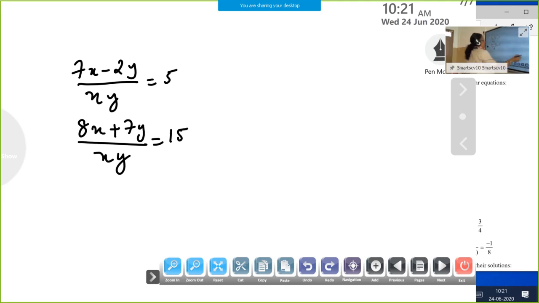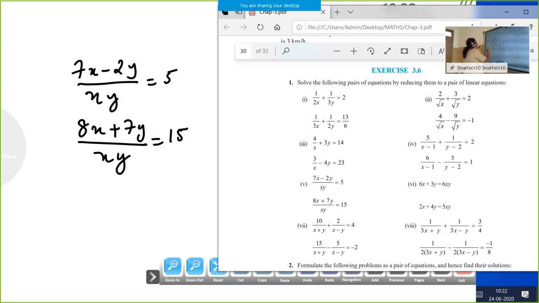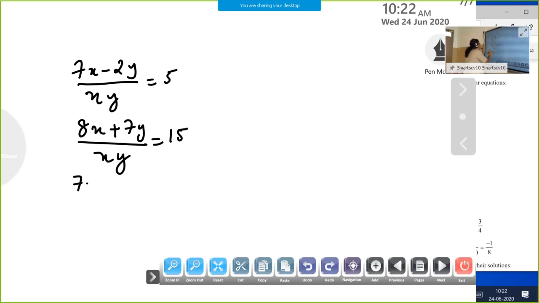This is our question. This is not in the form of a linear equation. The denominator is xy. Convert into linear equation form. How to convert? Divide. First equation: 7x divided by xy minus 2y divided by xy.